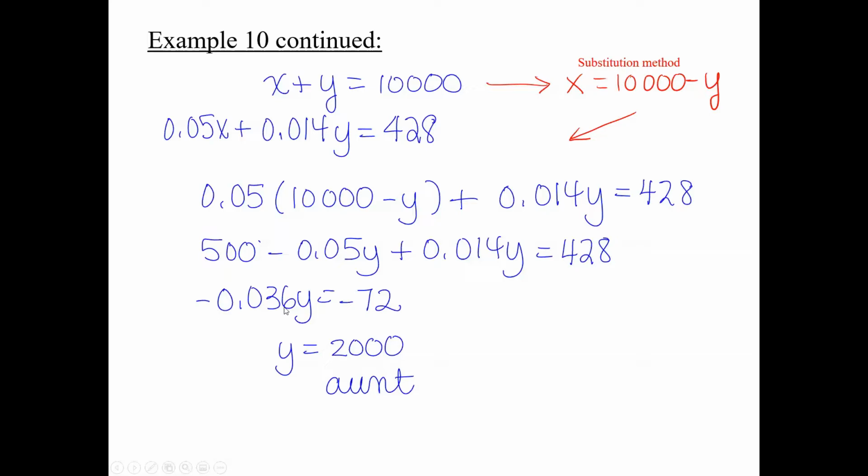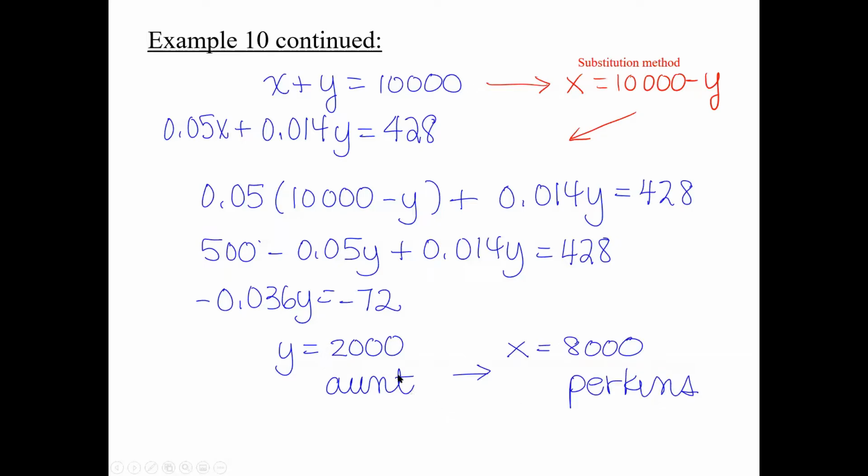Divide both sides by negative 0.036, and it goes 2,000 times exactly. So he borrowed $2,000 from his auntie. Now we're going to take this 2,000 and sub it into probably this form of the equation, since we've already got x isolated.